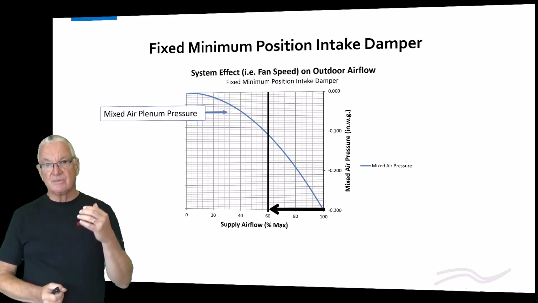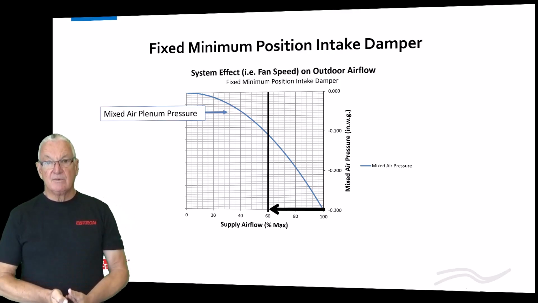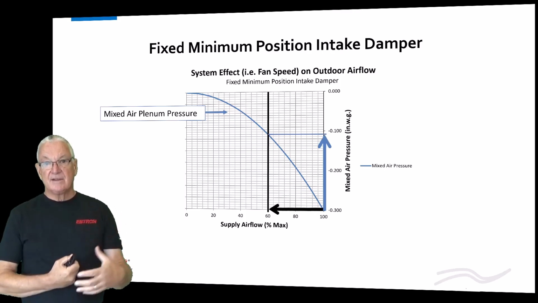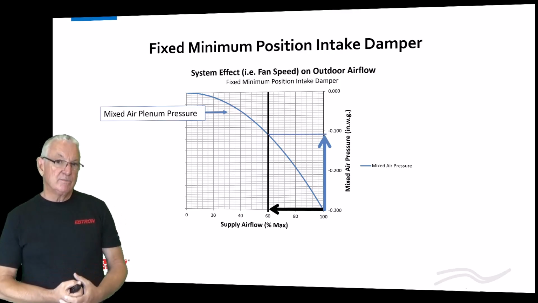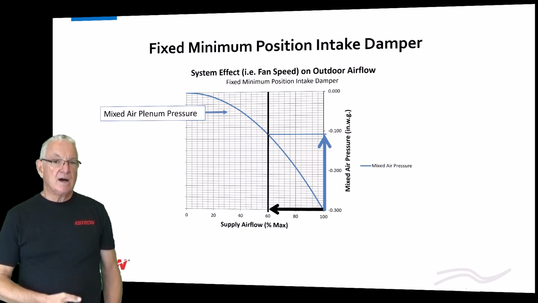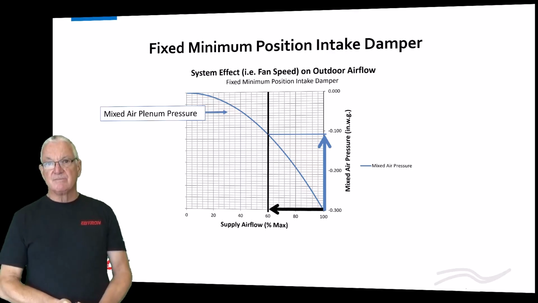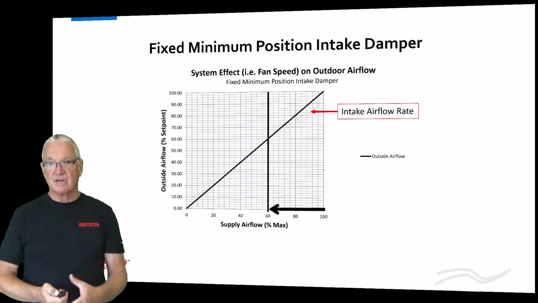So in this case, if we go from 100% supply to 60% supply, we would go from that negative 3/10 of an inch to just a little bit greater than negative 0.1. Okay, so I'm just going to say it's a 2/10 of an inch change to make it simple. 2/10 of an inch change in pressure.